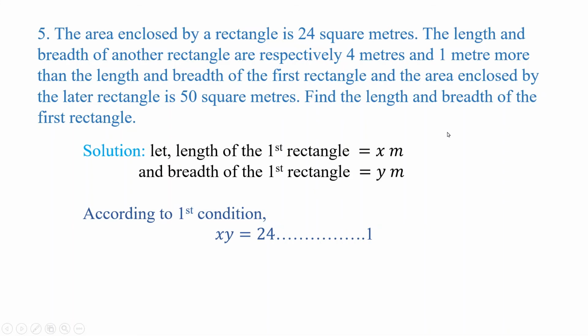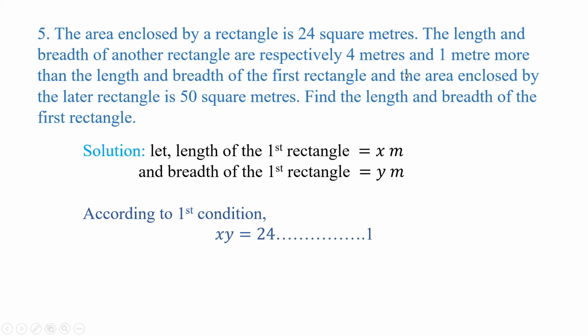And according to second condition, the length and breadth of the another rectangle are respectively 4 meters and 1 meter more than the length and breadth of the first rectangle. Here, length of the first rectangle is x, so length of the another rectangle is x plus 4, and breadth of the first rectangle is y.